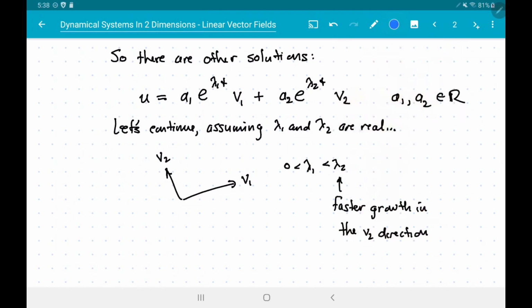That means that solutions will look something like this. No, I've drawn that backwards. No, that was right. They'll grow faster in the v2 direction.